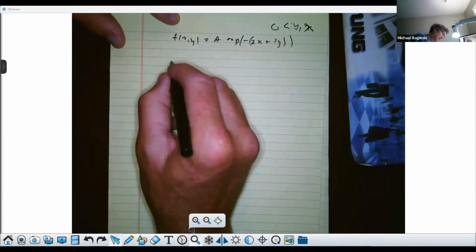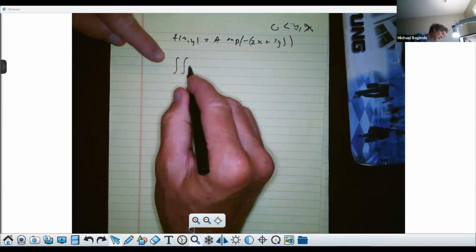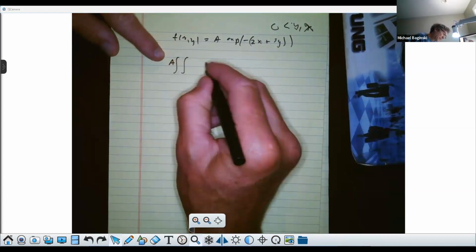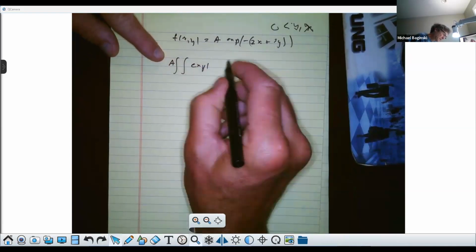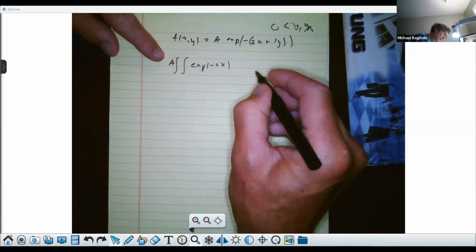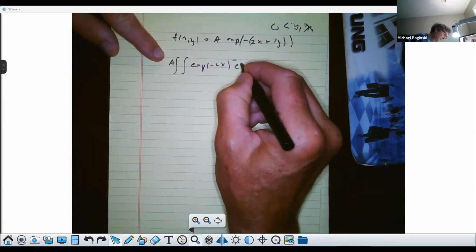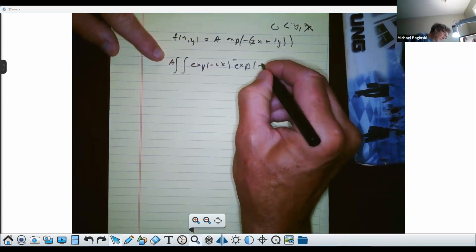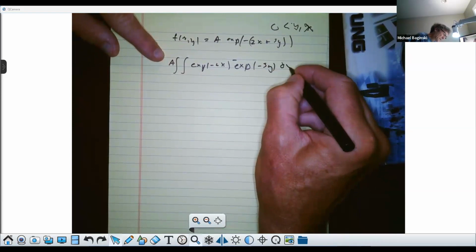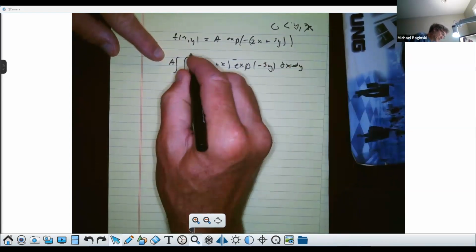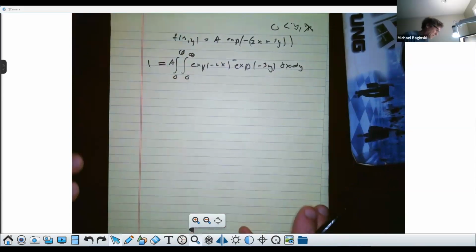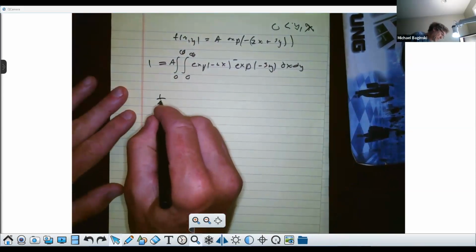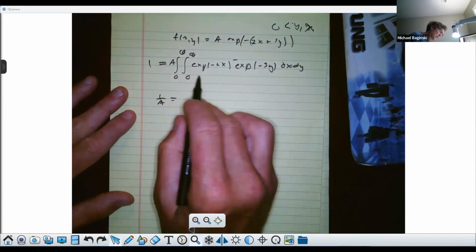So if I do a double integral, I put a out in front, and I have exp to the minus 2x, times exp to the minus 3y, dx dy from 0 to infinity. And that has to be 1, so I'll put 1 over a here.